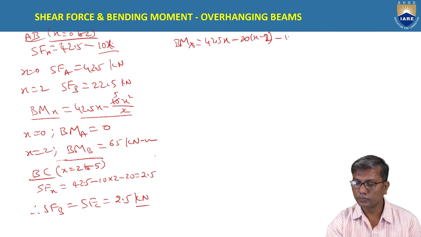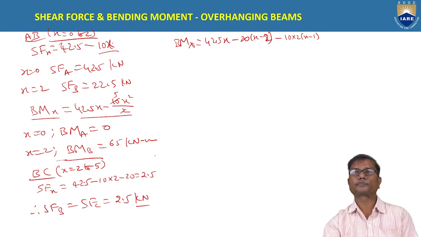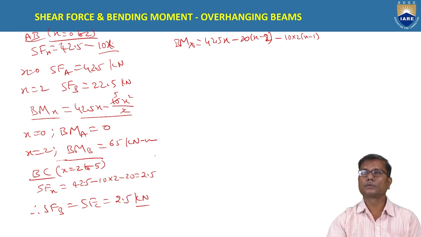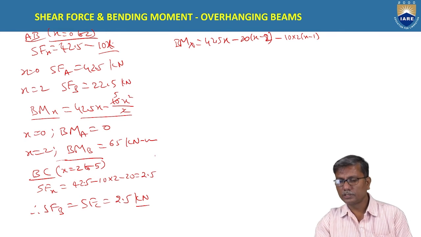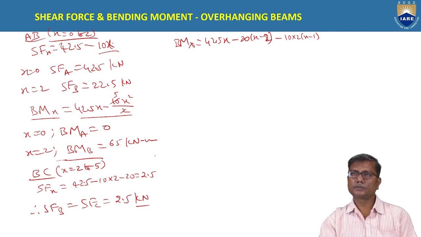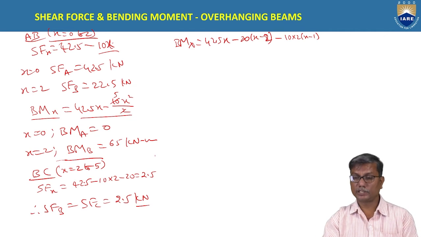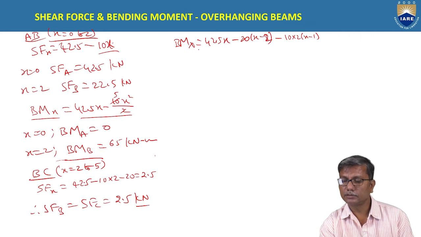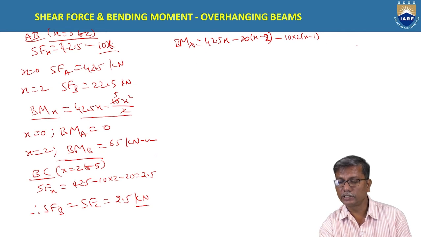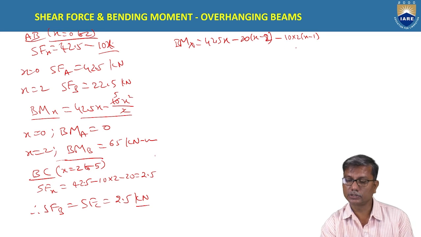The total UDL is 20 into its distance from section x minus 1. So here the bending moment between B and C varies linearly, because there is no load here.